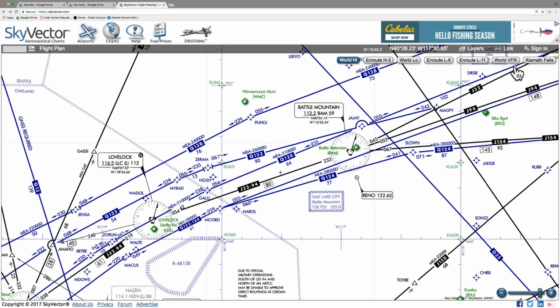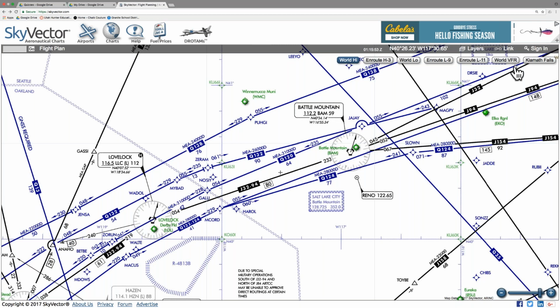So for the ground-based navigational aids, we're looking for exactly what you guys said: VORs, VORTACs, DMEs, NDBs. Let's see. Is it NBD or NDB? NDB. Yeah, non-directional beacon.